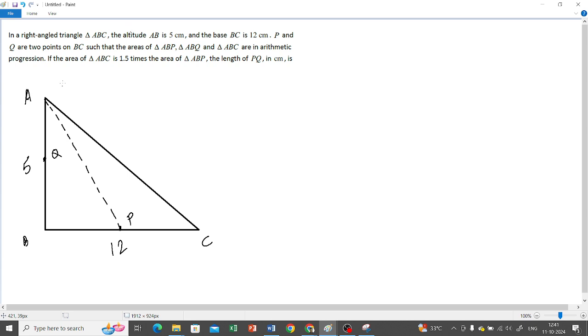Oh, sorry. P and Q are points on the same side.